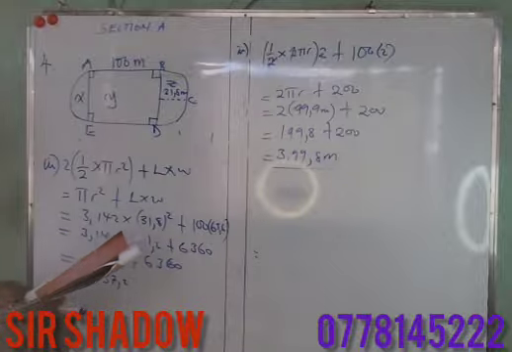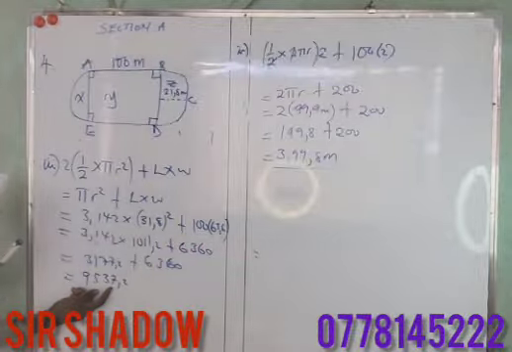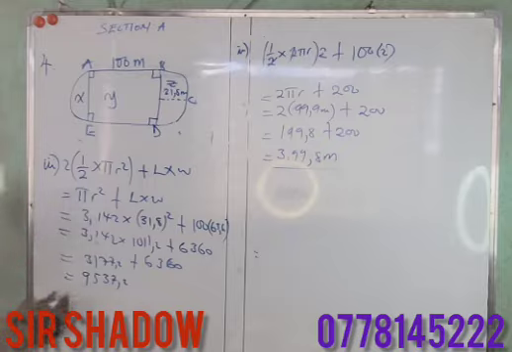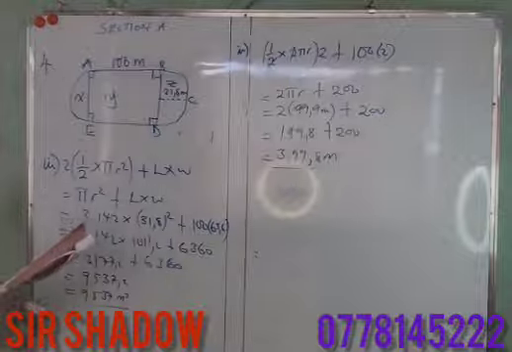But remember, we are asked to leave the answer correct to the nearest square meter, so round to the nearest one. The decimal is below 5, so the answer becomes 9,537 square meters, since we were asked to calculate the area.